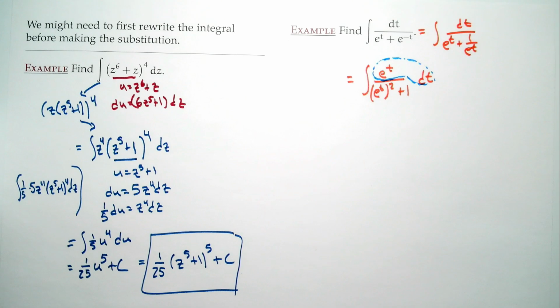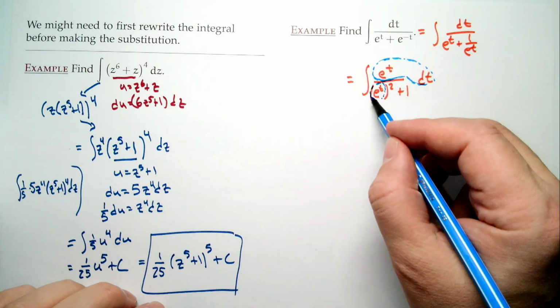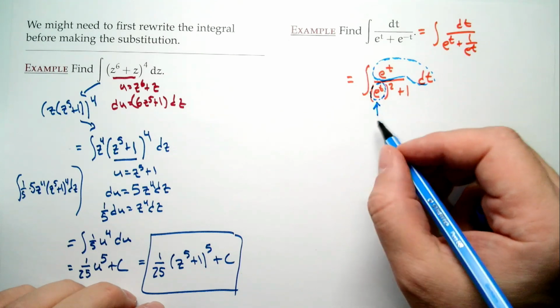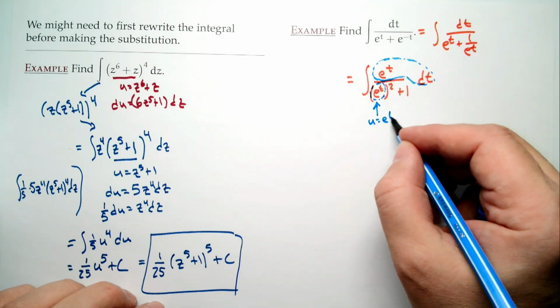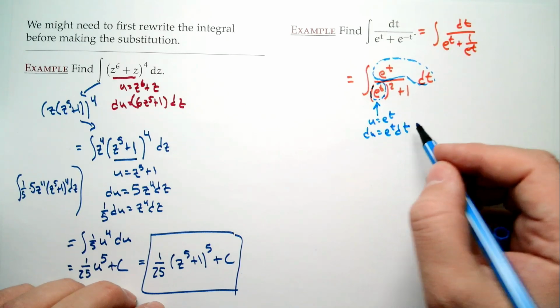If it were my du, what would my u have to be? U would have to be e to the t. So if I saw e to the t dt as becoming my du, because that's a good candidate, then u would be e to the t. So that would say that really I should be thinking of e to the t as my inside function. And then du is e to the t dt.